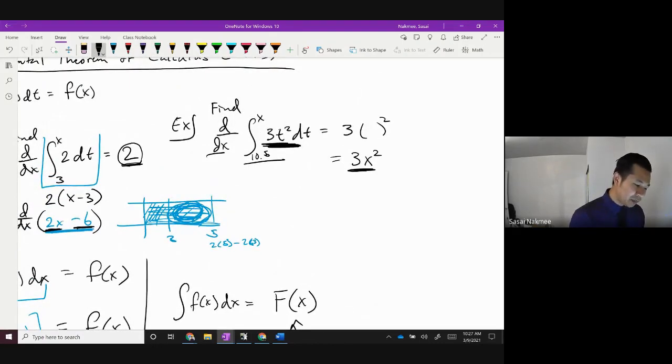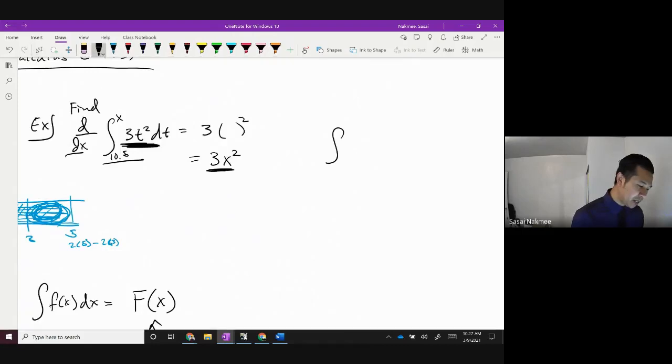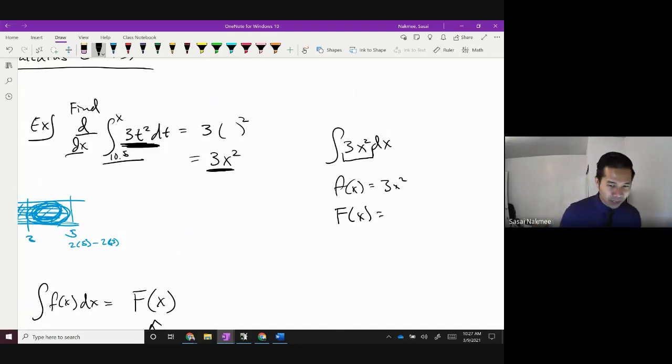If I took the integral of 3x squared dx, what's the antiderivative of 3x squared? If f of x was equal to 3x squared, what was the antiderivative of this? Anyone have any ideas? What, if I were to take the derivative, would give me 3x squared? Monica and Leslie are both saying x cubed.